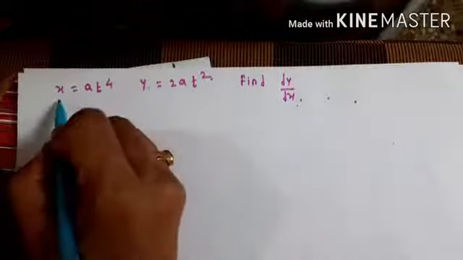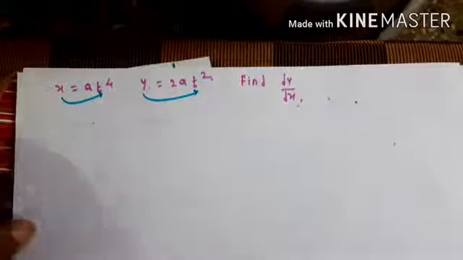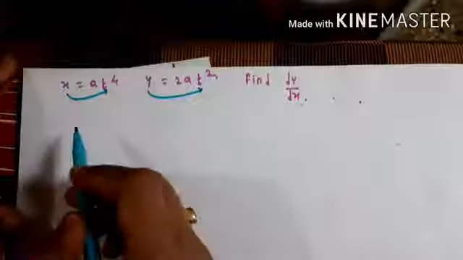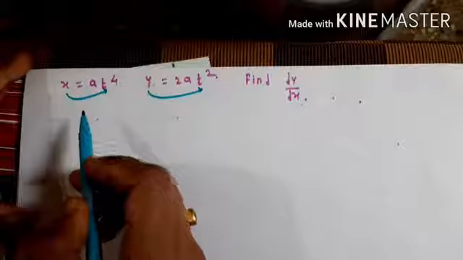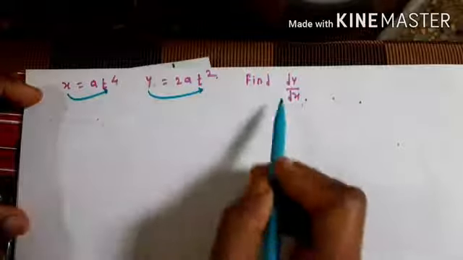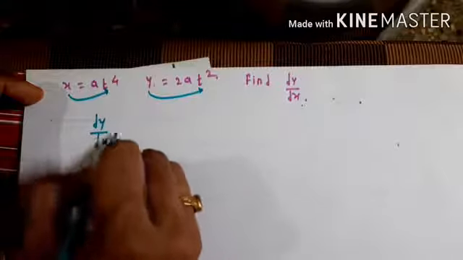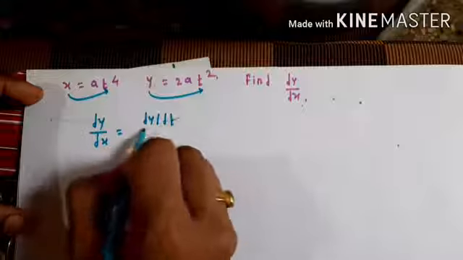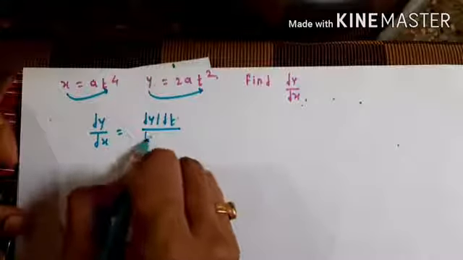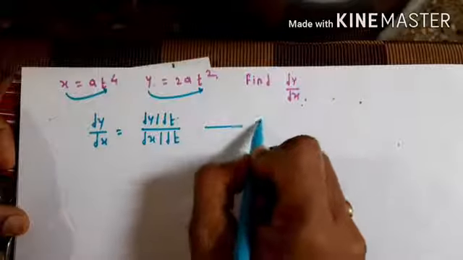Here x is a function of t, and y is a function of t also. Means by using the parametric theorem we can find dy by dx here. Therefore dy by dx equal to dy by dt upon dx by dt. Suppose this is 1.